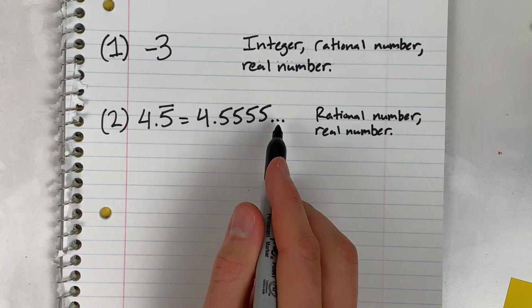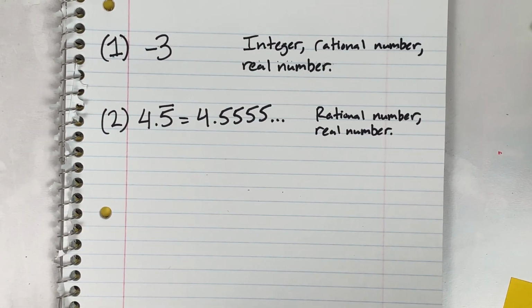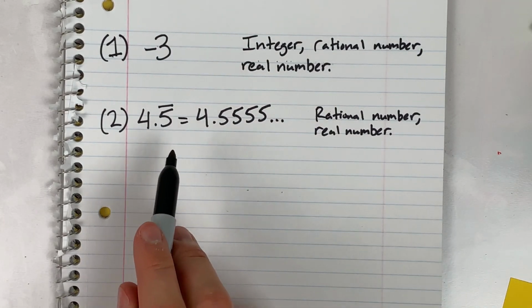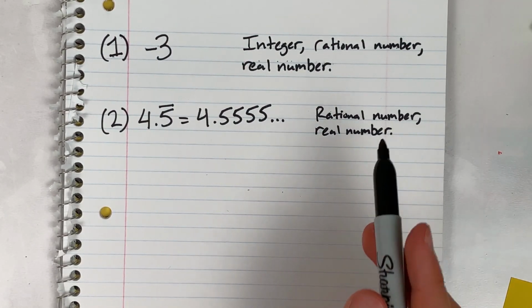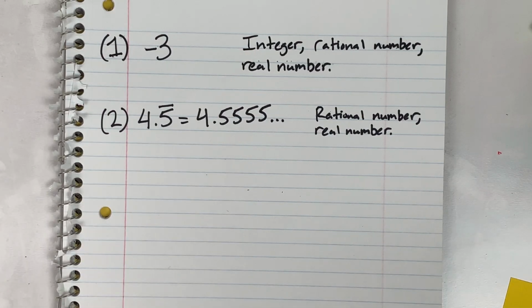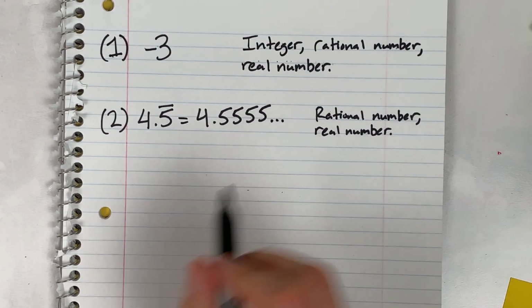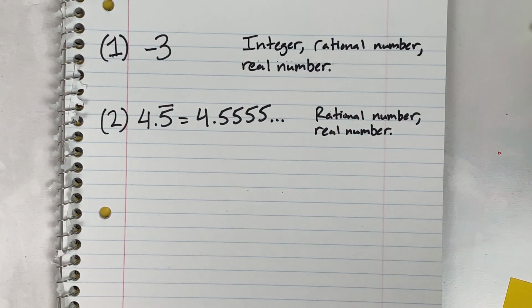That's the part after the decimal point. And also it's not an irrational number, because the irrationals cannot be written as a fraction. But because we know that 4.5 repeating is a rational number, it by definition can be written as a fraction. So these are the only ways we can classify 4.5 repeating.